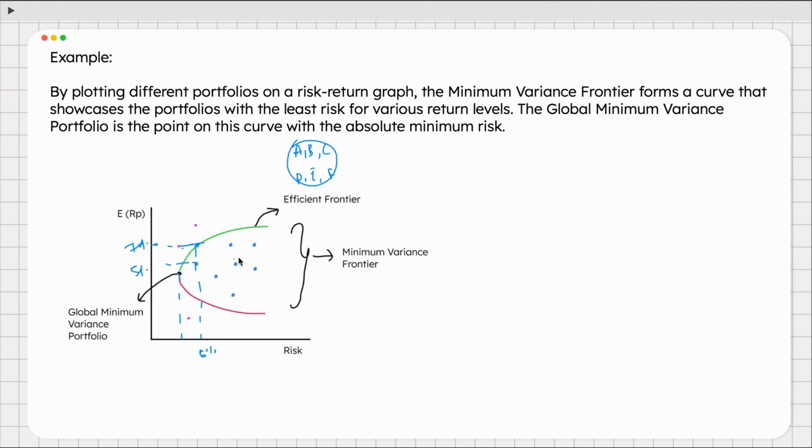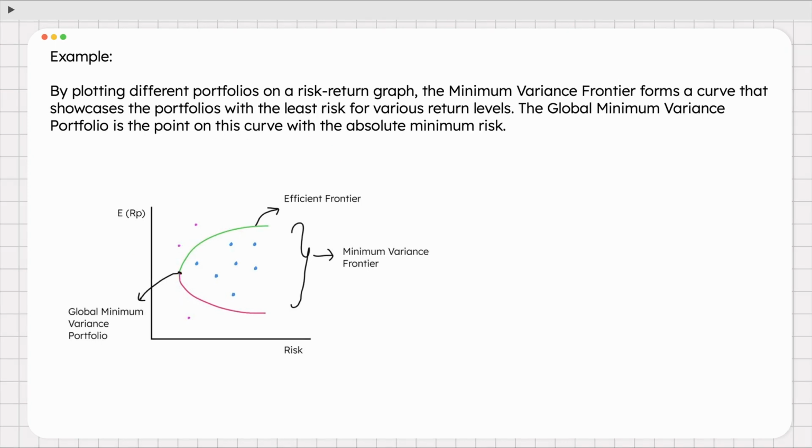Got the point? So basically any of these points are not efficient, because you will have a portfolio that will give you more returns on the efficient frontier for the same level of risk. So I hope you got the point. So this is the basic concept about the building blocks of modern portfolio theory. I hope it's clear. So that's all we have for this video.